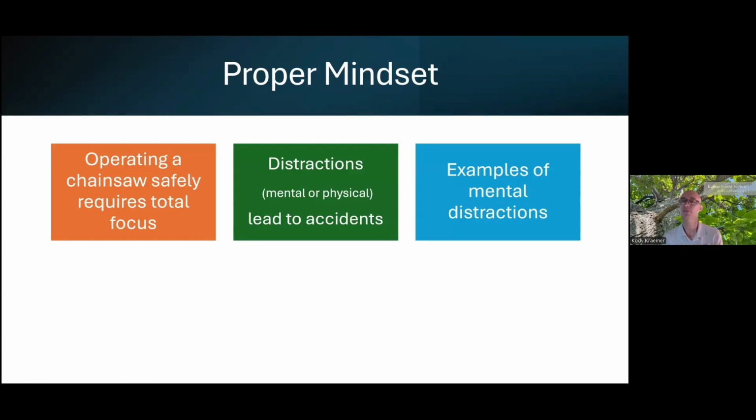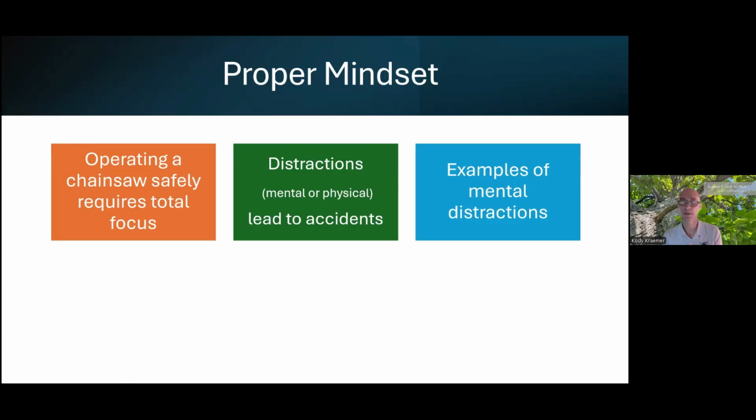Examples of mental distractions could be finances at home. It could be finances on the job site. If you're the owner of a tree care company and you bid a job and you thought the job might only take 3 hours and you're still there 6 hours later, you might be thinking about finances on the job site, right?